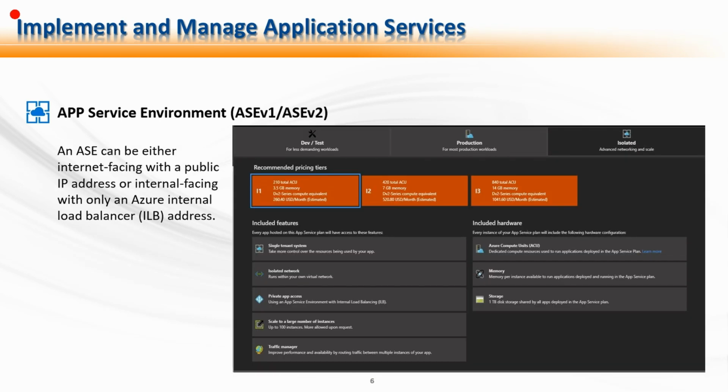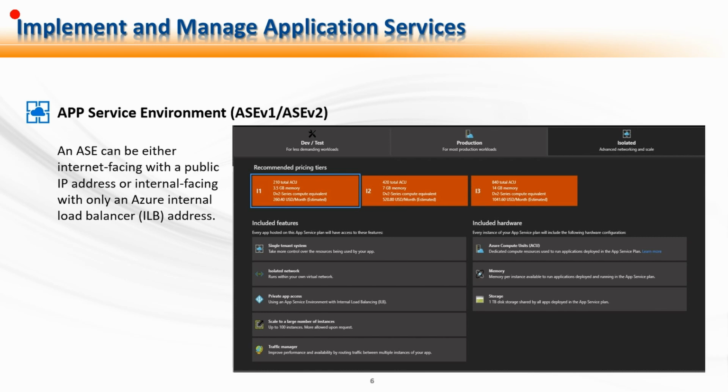An app services environment, ASE, can either be internet-facing with a public IP address or internal-facing with only an Azure internal load balancer address. If you deploy the ASE in a virtual network that has a VPN connection to the on-premises network, the apps in the ASE can access the on-premises resources. And this can be done using either the site-to-site VPN or an express route.